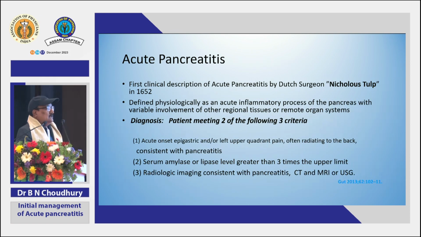Then serum amylase and lipase more than 3 times normal, or imaging evidence, either by ultrasound, CT scan or MRI, showing acute inflammatory swelling of the pancreas or acute fluid collections of the peripancreatic area. Out of these 3, if somebody qualifies for 2, then it is labeled as acute pancreatitis, which is globally used, and it is a uniform diagnostic criteria.